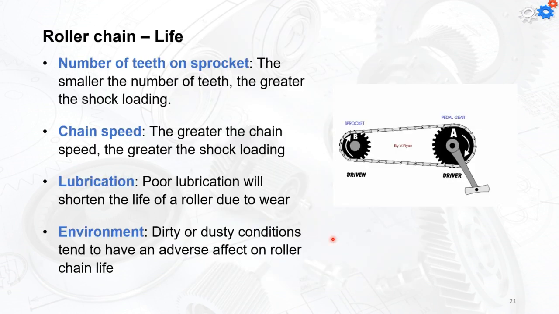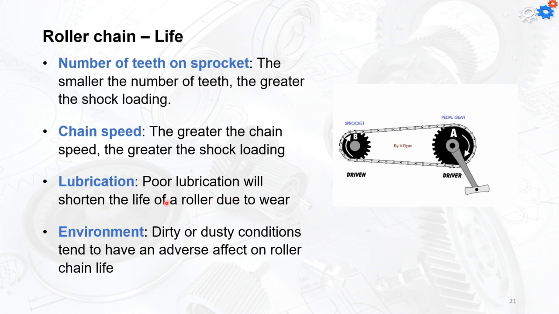Now, the roller chain life. The smaller the number of teeth of the sprocket, the greater the shock loading is going to be. The greater the chain speed, the greater the shock loading is going to be. So a minimum number of teeth is going to cause greater shock, and a greater chain speed is going to cause greater shock.